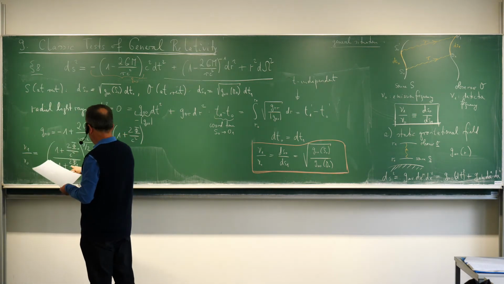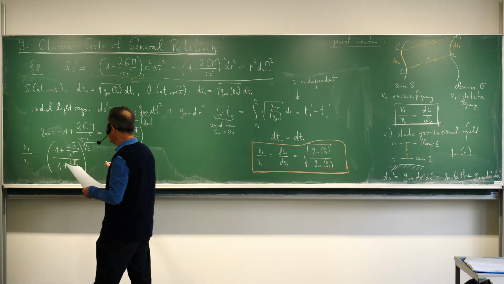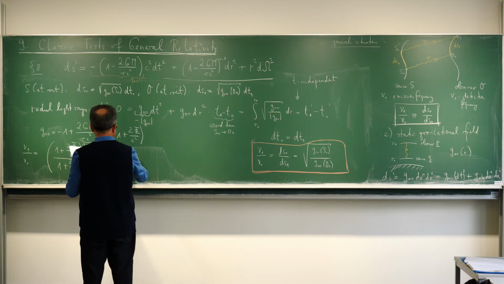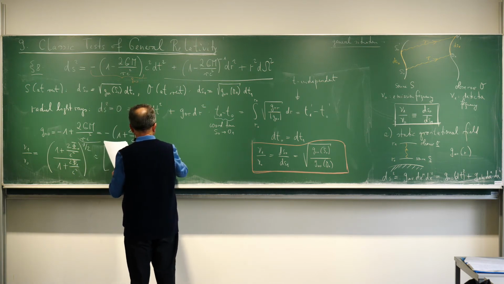And we can use that 1 over 1 plus x is approximately 1 minus x. So this is 1 plus 2 phi naught over c squared times 1 minus 2 phi 1 over c squared, to the 1/2.